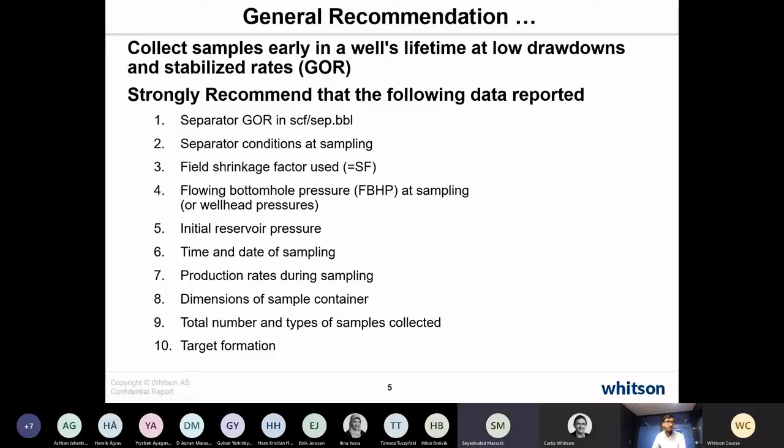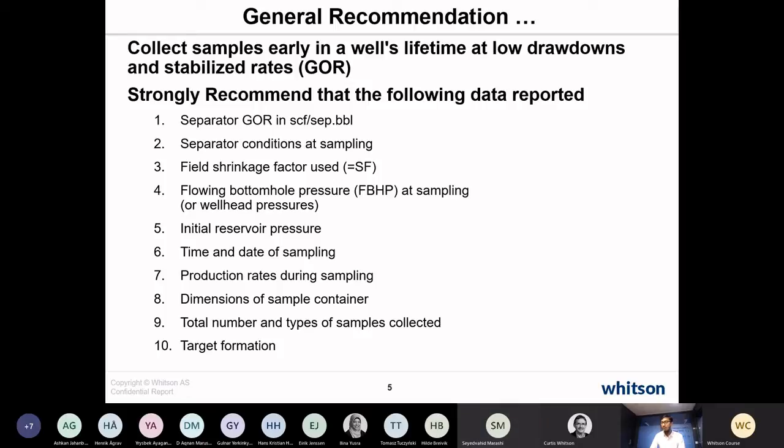So I was wondering, how many samples are usually used to give a promising PVT result? So you mean how many samples you need to develop a good PVT model? Yeah, exactly.